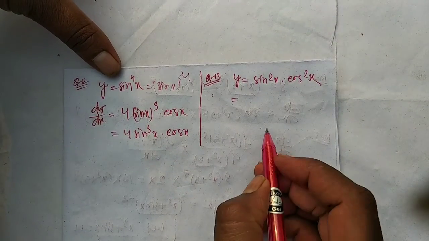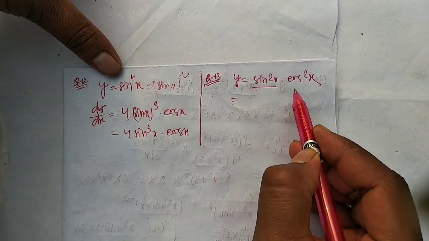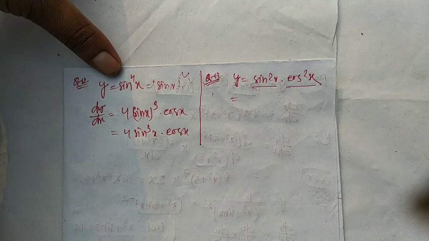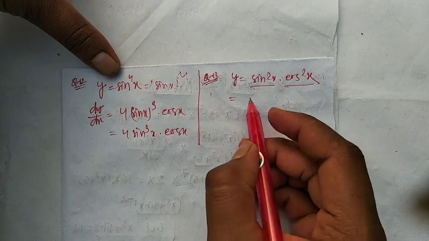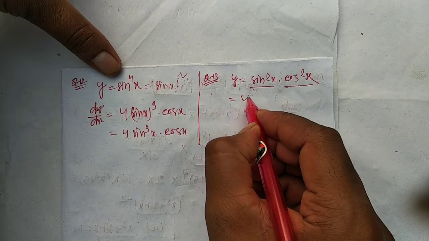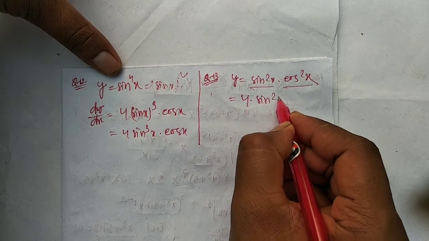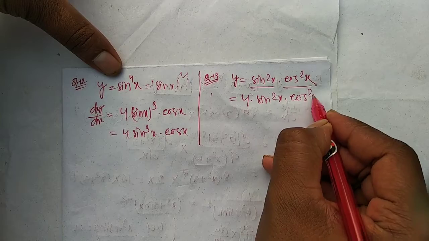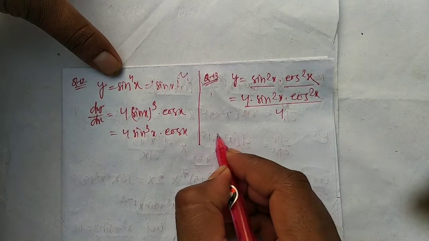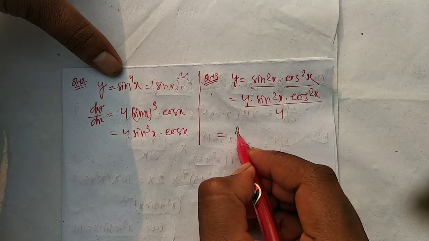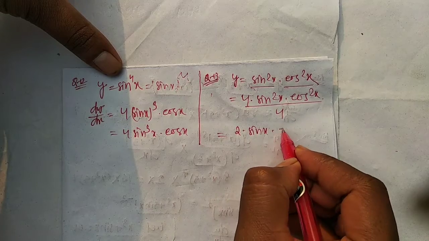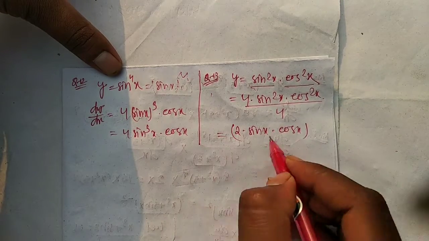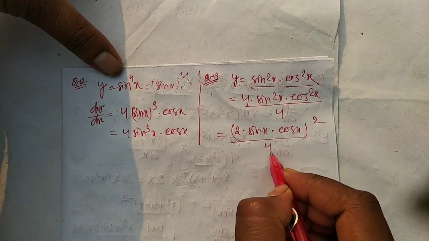Let's solve this one. Here one can solve applying the multiplication theorem. Otherwise, let me modify the initial function. How can we go about it? Just multiply and divide by 2. Okay, so this can be written as (2 sin x cos x) whole square by 4.